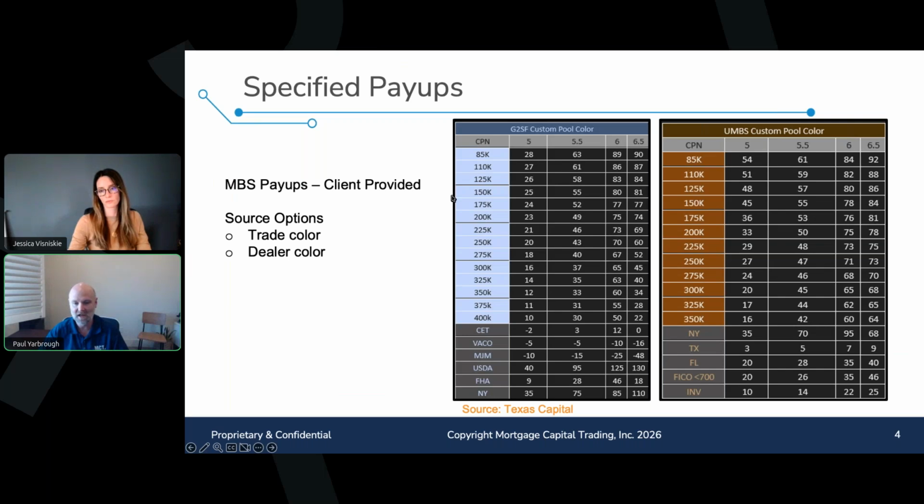Those are some popular ones where you'll see pay-ups only applied to those groups of loans. And it's only getting bigger. What's being made available as far as the pay-ups go is getting more complex. Freddie Mac, for instance, a couple weeks ago announced their 94 LTV pay-up. In other words, there's a pay-up for loans where the LTV is greater than or equal to 94%.